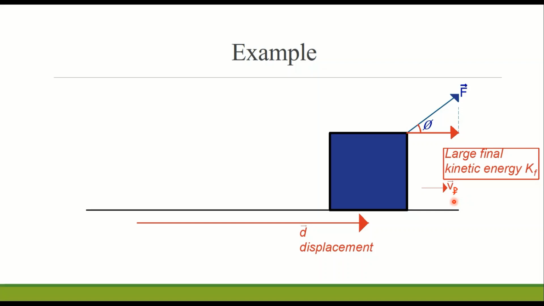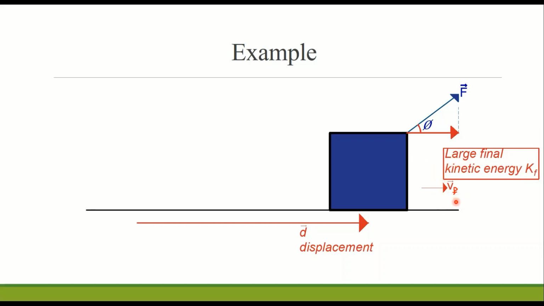Consequently, the kinetic energy at this particular point is Kf equal to 1 over 2 times m times vf squared, denoting the final kinetic energy, which surpasses the initial kinetic energy due to the greater velocity.